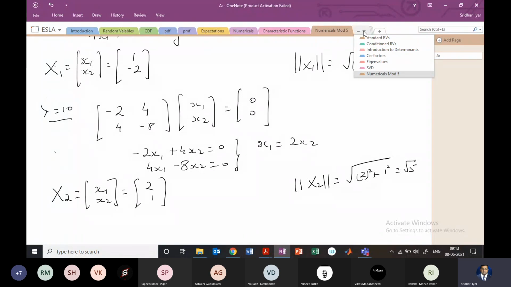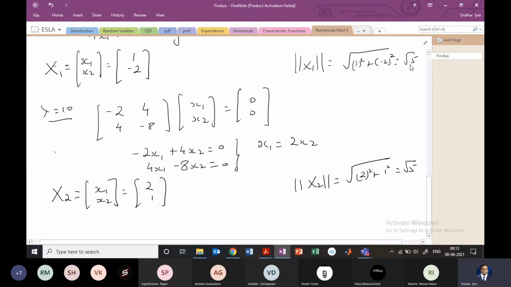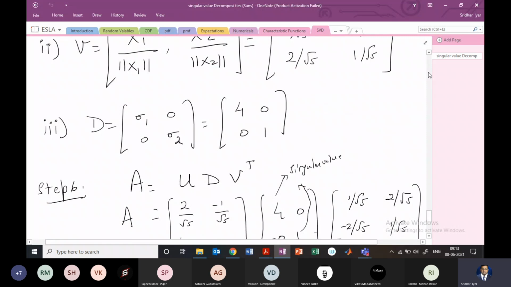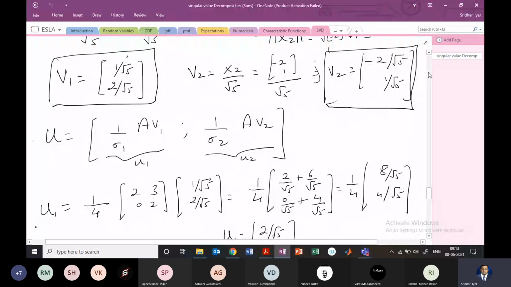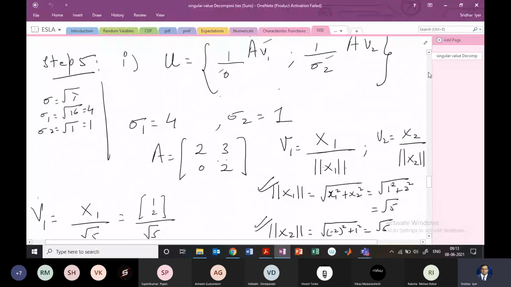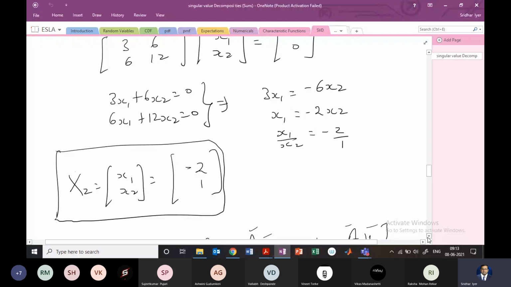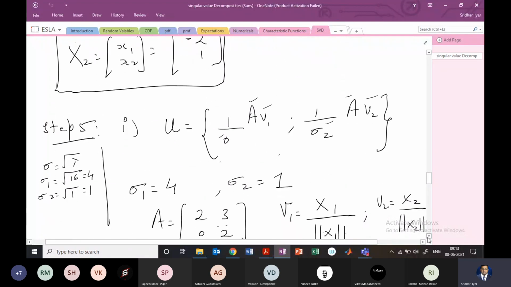So I'm hoping you have it. Otherwise, we can just recap quickly how to find it. This is how we find u. So u will be nothing but 1 by sigma 1 A V1 and 1 by sigma 2 A V2, right?